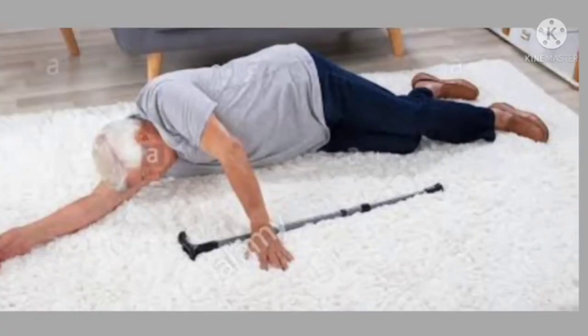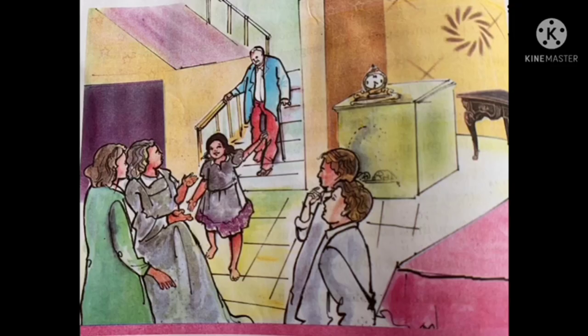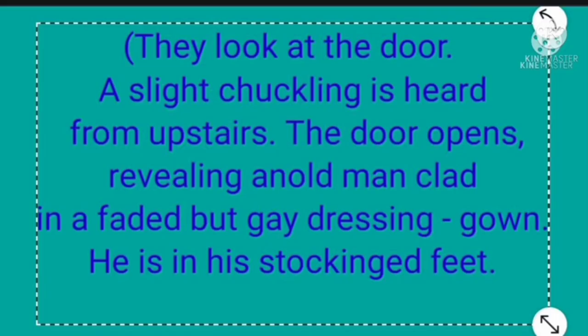Thus, the first part of Dear Departed started with the old man lying dead upstairs. The first part ended with the old man getting down the stairs, chuckling. Immediately, both Slaters and Jordans looked at the door. A slight chuckling is heard from upstairs. The door opens, revealing an old man clad in a faded but gay dressing gown.